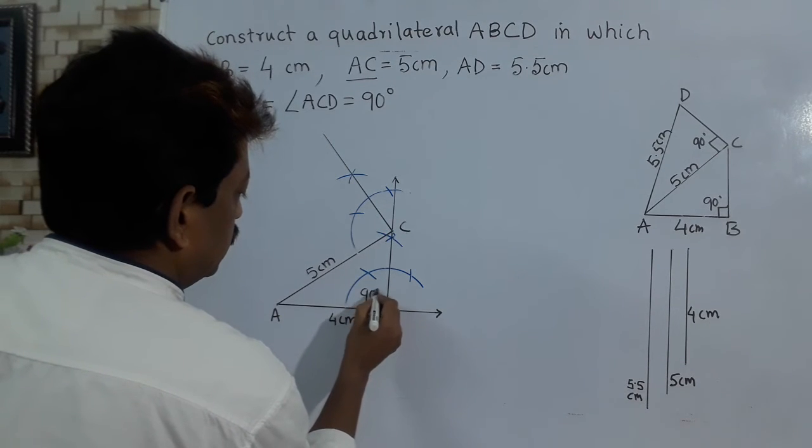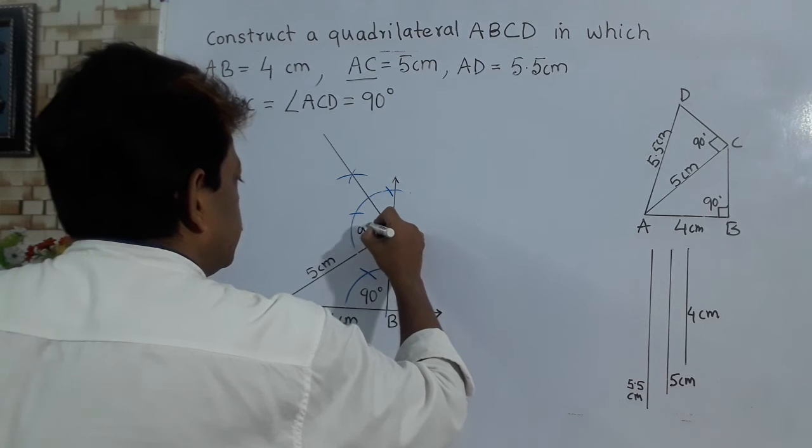This angle B is 90 degree as well as angle ACD is also 90 degree.